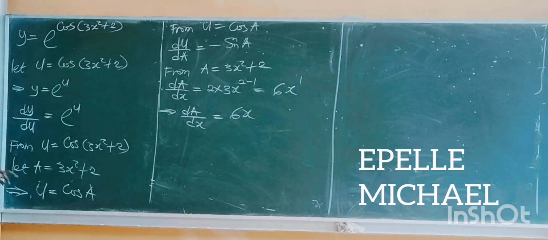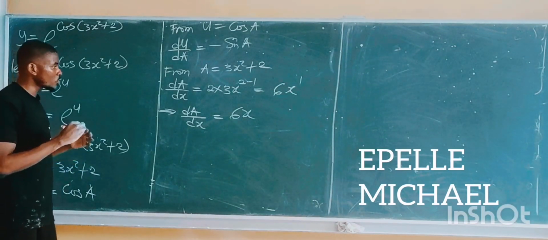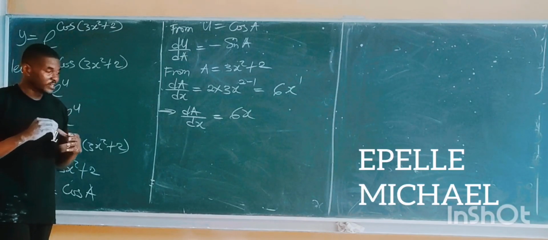But originally, u was a function of x, u equals cos(3x squared plus 2), so I am supposed to find du/dx. Du/dx can only be gotten from the chain rule of differentiation.